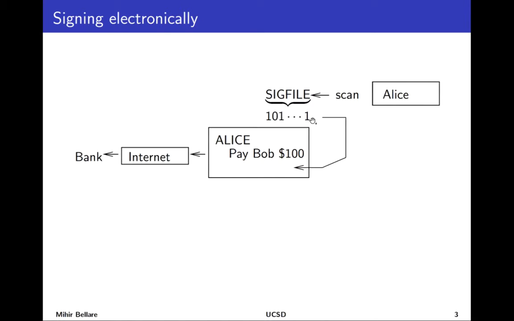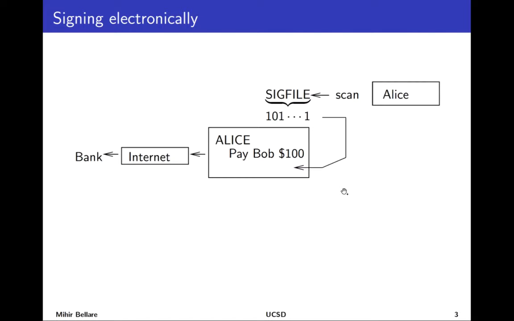And at that point, it's just a bunch of bits. And you can attach those bits to any document that's sent out. So when Alice sends out a check, she just, as an attachment, includes this file. And then the rest is the same. You do assume that the entity performing the verification has some sort of copy that they can compare.